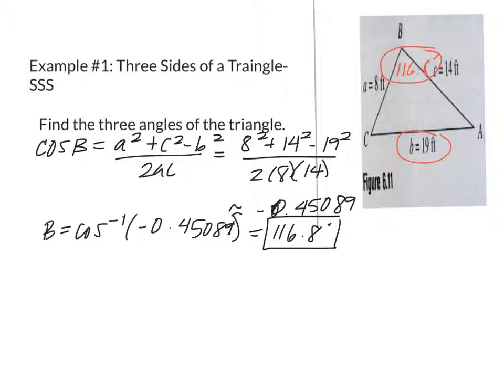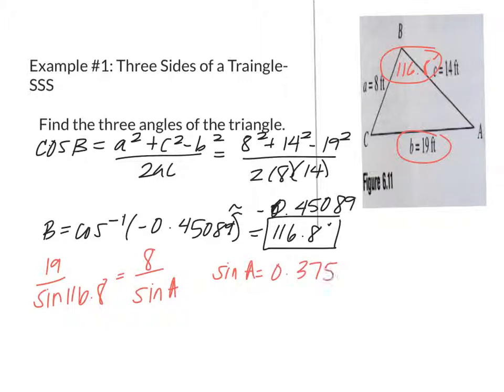So I would do 19 over sine of 116.8 equal to A's information, which would be 8 over sine of A. Okay, if I cross multiply, that would tell me that sine of A is going to equal about 0.3758. Okay, but I don't want sine of A, I want actual angle A, right?